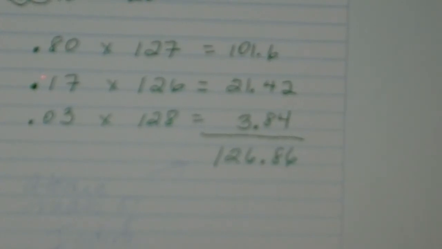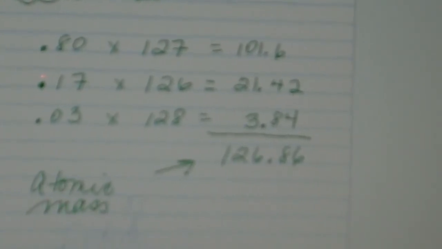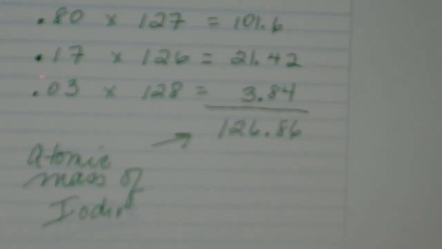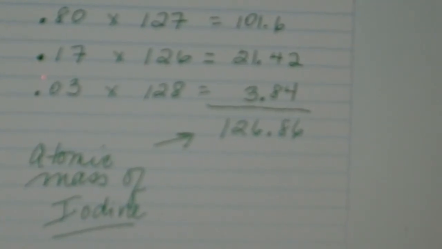You take all those values, you add them up, you end up with 126.86. Now this is going to be our atomic mass of iodine. Very close, very similar to what we find on the reference table.